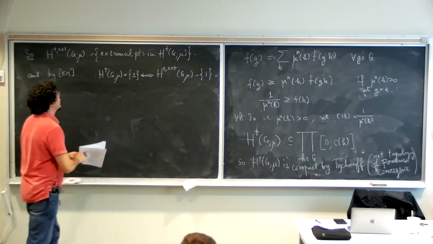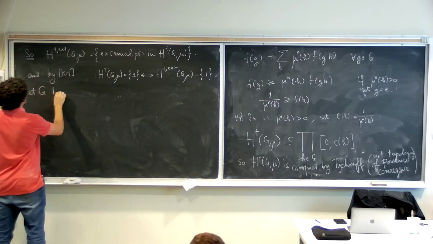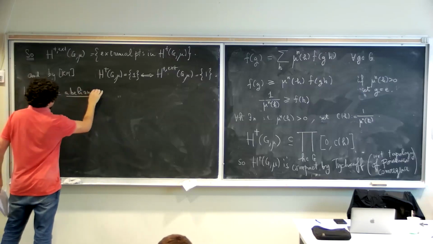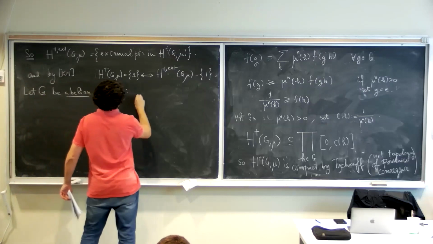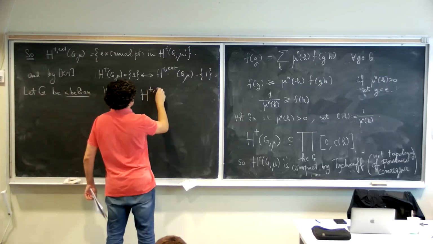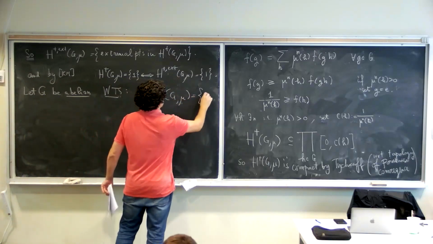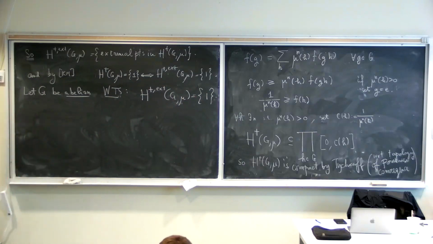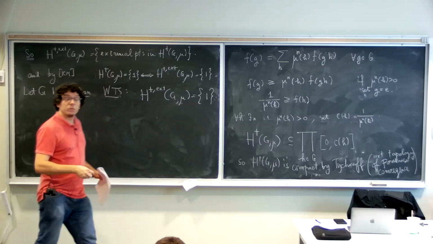Okay. So again, now let G be abelian. We want to show that the extremal ones are only the constant function, and if we normalize by f of identity to be 1, then we just have this function.